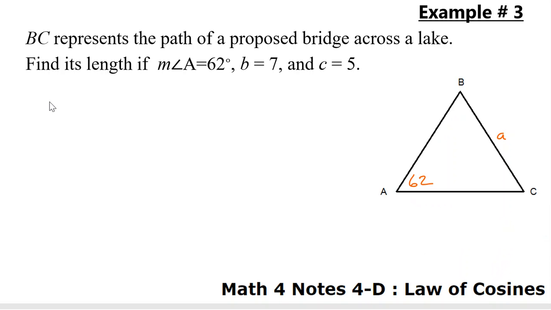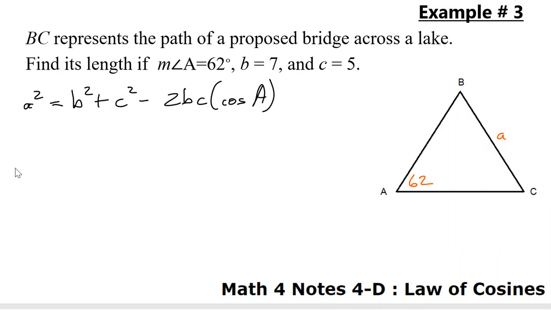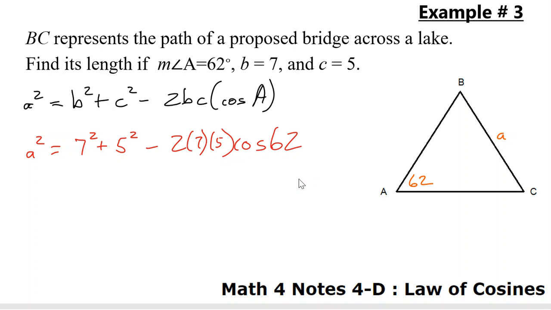That should direct us toward this for our formula. So let's plug in what we got. We don't know a, we do know b, we do know c, and we do know angle A.